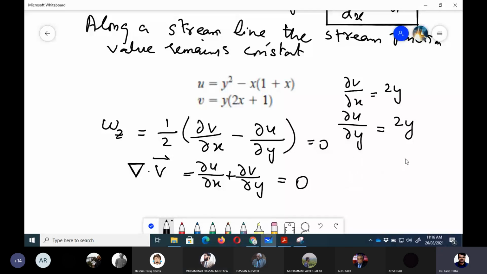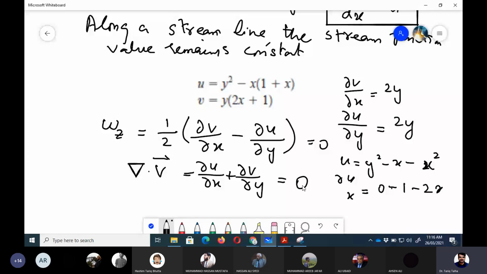If I write u as y square minus x plus 2x plus x square, and take the derivative, partial u by partial x would be 0, and it would also be minus here. Sorry, it should be minus 1 minus 2x. Yes, minus 1 minus 2x, right?